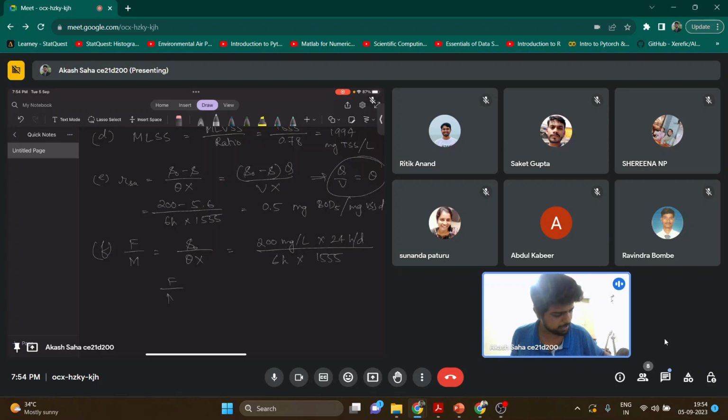So my F by M ratio is 0.51 mg BOD5 per mg VSS day. Right, so we have found out all the parameters that are required in the question. Is it okay? I am working out each and every problem. I hope it is clear to you all.